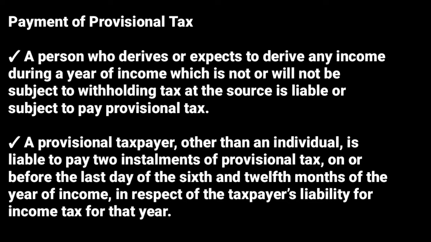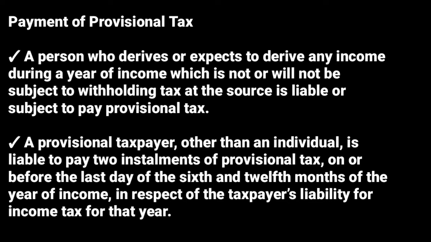And a provisional taxpayer, other than an individual, is liable to pay 2 installments of provisional tax on or before the last day of the 6th month and the 12th month of the year of income in respect of the taxpayer's liability for a year of income.